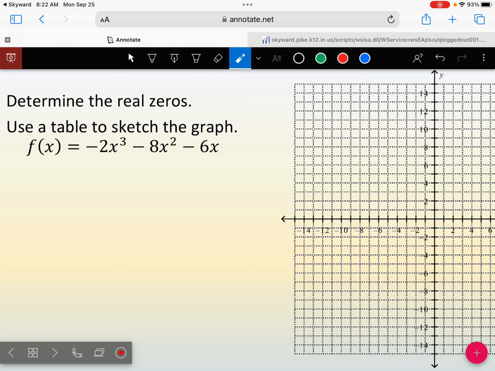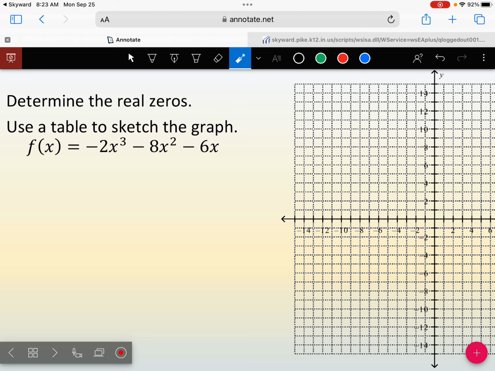So the last one we did was in factor form, so that was a lot easier, but this one is in standard form, so we have to factor it first. So our first question is, do we have a GCF?